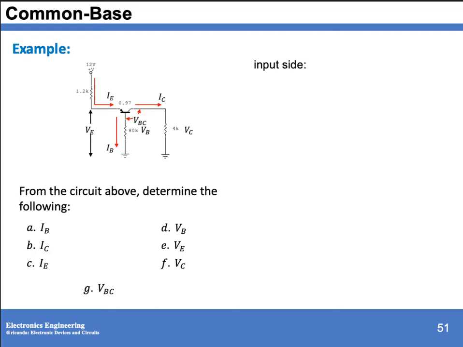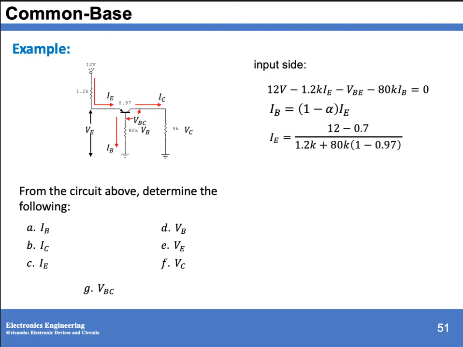At the input side, applying KVL, we have 12 minus 1.2K IE minus voltage base-emitter minus 80K IB. We have to express your IB in terms of IE, so we have (1 minus alpha) IE. Substituting that into your input side equation and solving for your IE, IE equals (12 minus 0.7) all over 1.2K plus 80K times (1 minus 0.97).